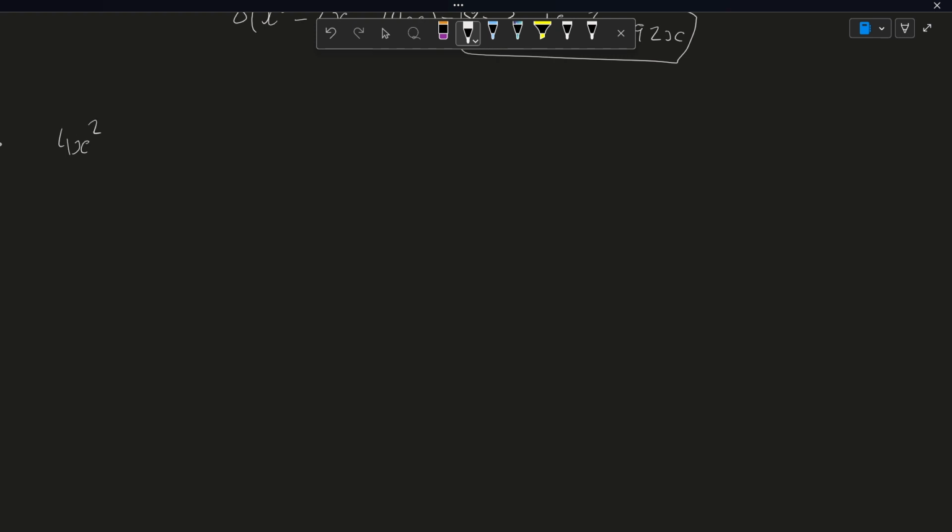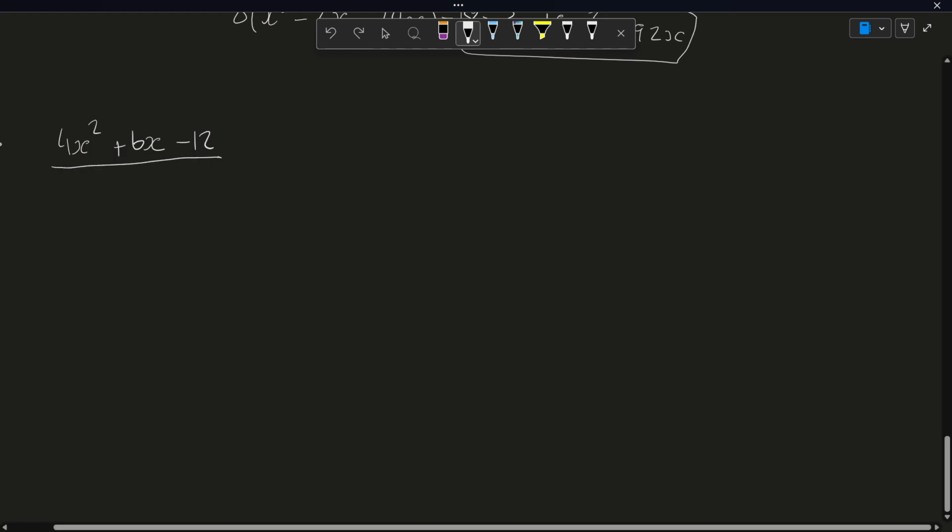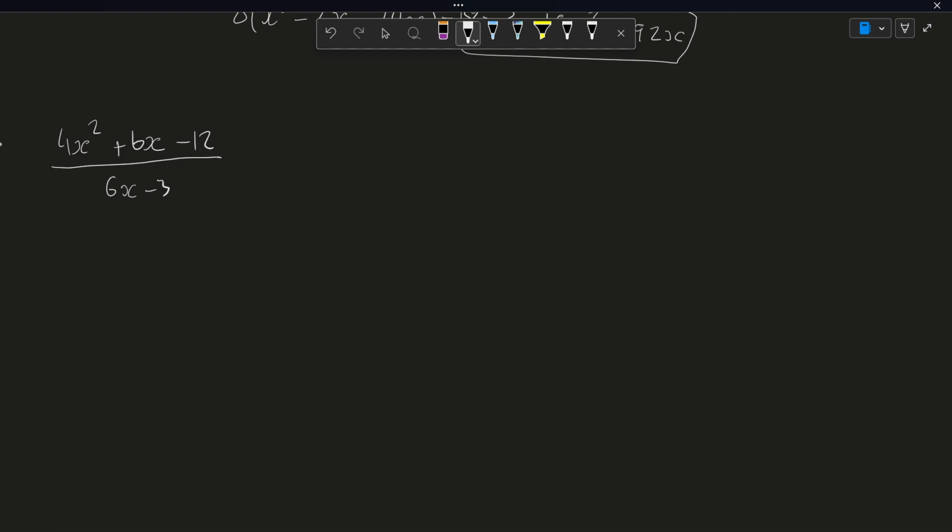4x squared minus 12 is divisible by 6x minus 3. So we're just looking for b.